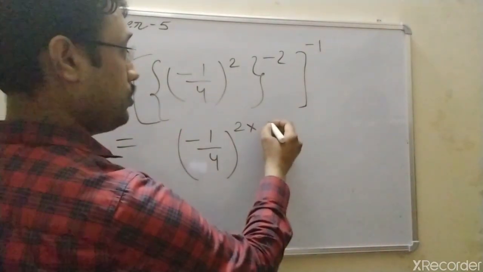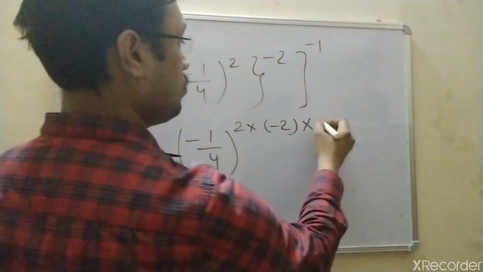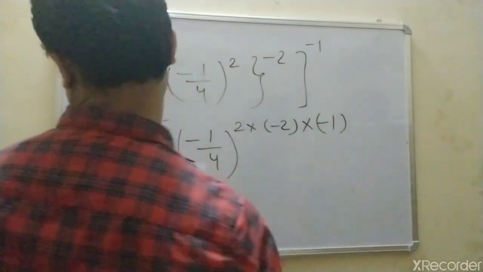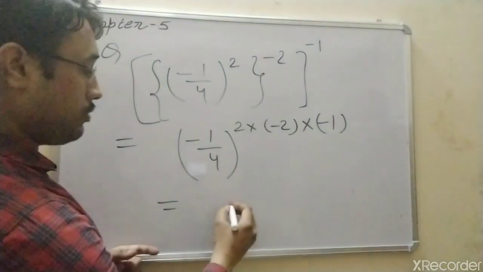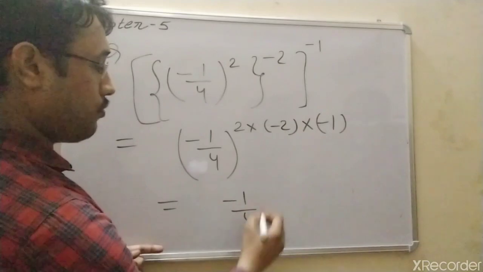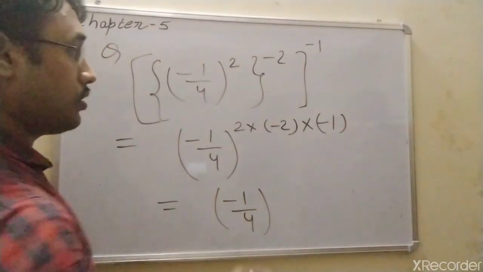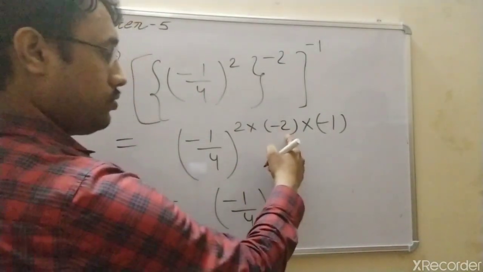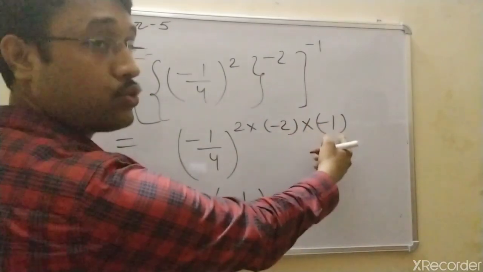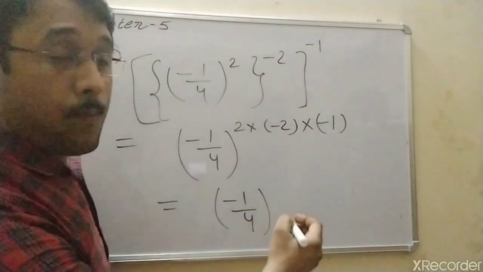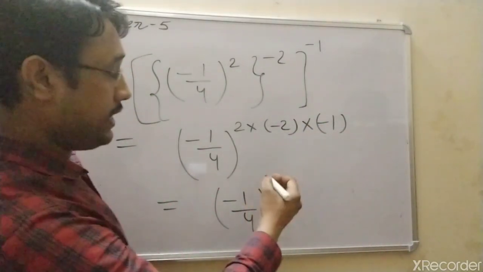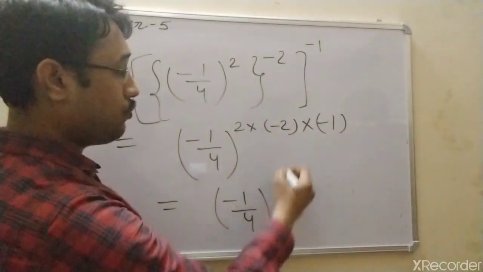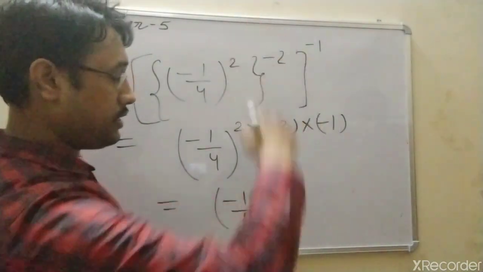Laws of exponent: 2 into minus 2 into minus 1. This you will do. Then this is minus 1 by 4 to the power 2 into minus 2 into minus 1.